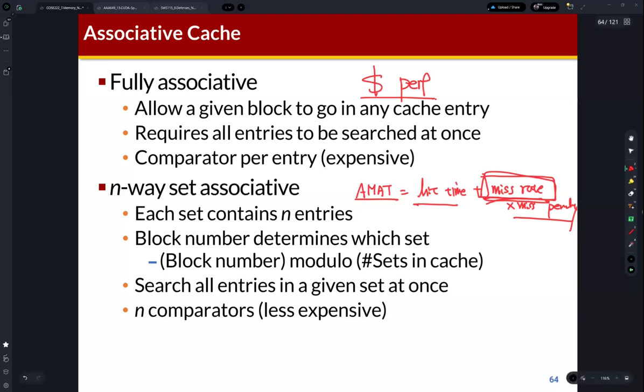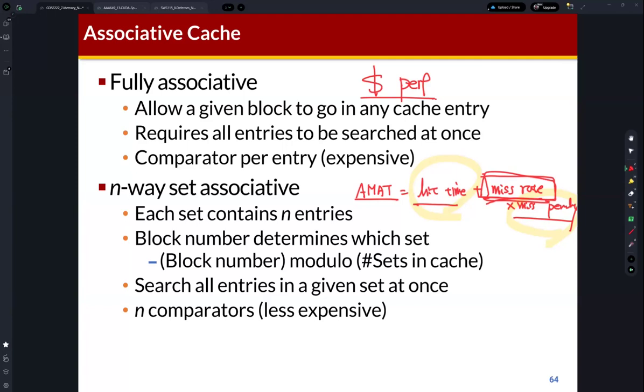So actually, hit time and miss penalty are determined by the characteristics of the memory system, right? If the memory is fast, then hit time is low. If memory is slow, hit time is high.